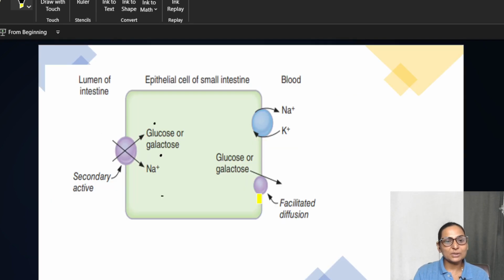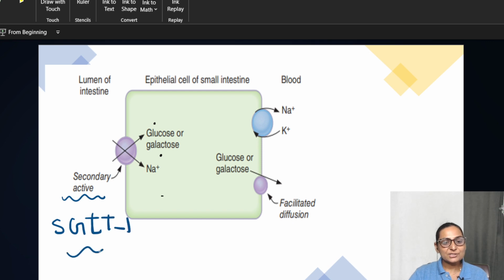So before I give you the correct answer, let's look at glucose reabsorption. On the luminal side, there is a secondary active transport mechanism, which is nothing but SGLT1. SGLT2 is more important in the PCT for glucose reabsorption.